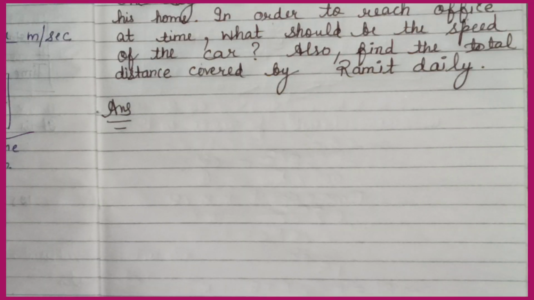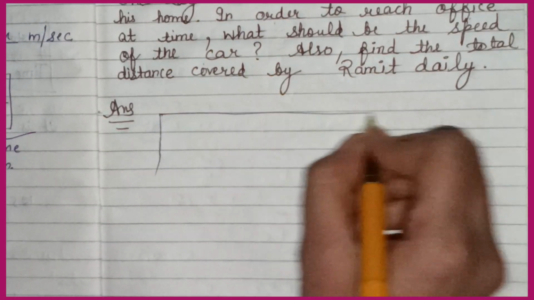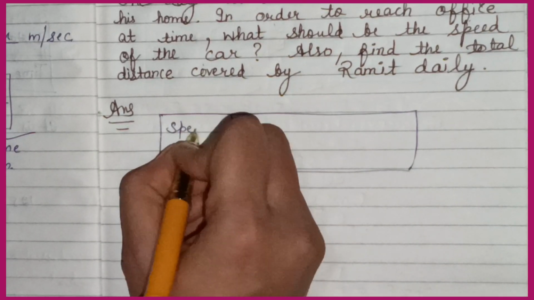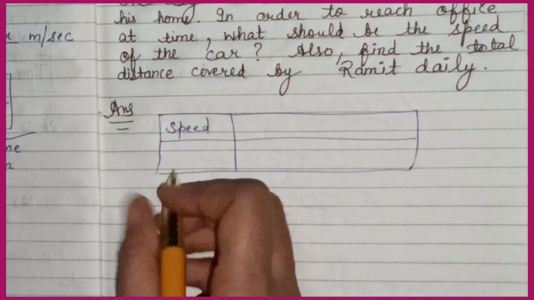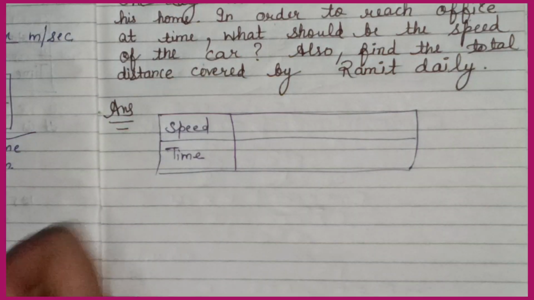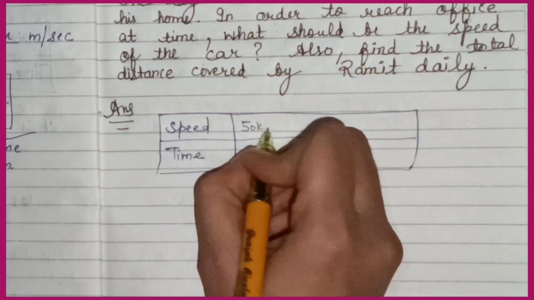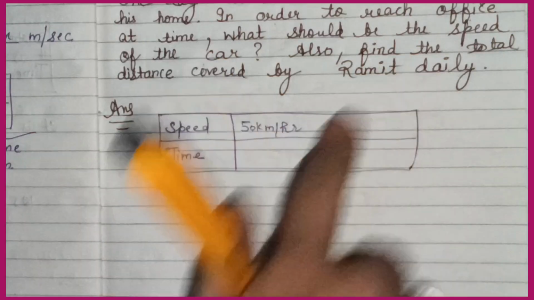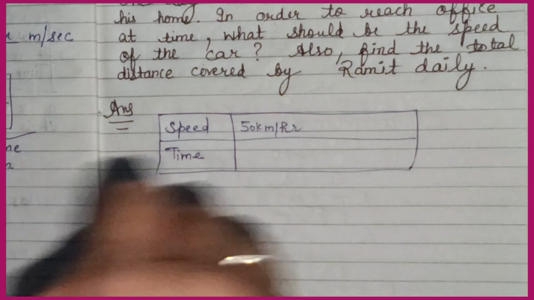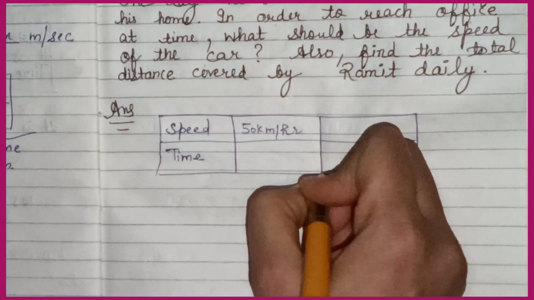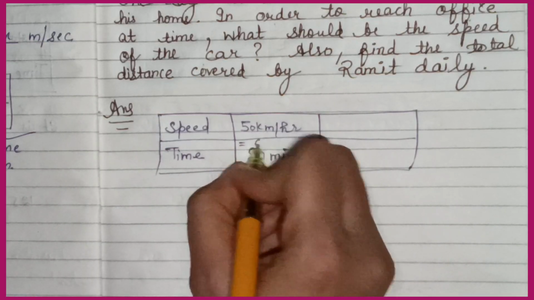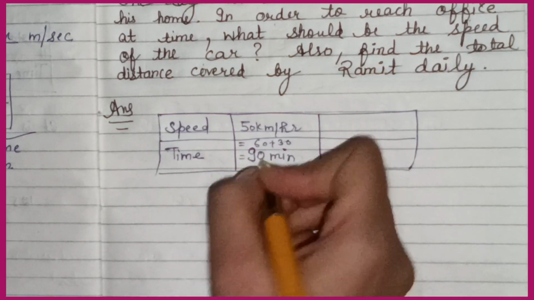For this question we firstly have to make a table. So this is the table for this question. I write here speed. In the second box I write here time. The speed is given in the question as 50 km per hour, so I write here 50 km per hour, and time is 1 hour 30 minutes, which is 60 plus 30, equal to 90 minutes.